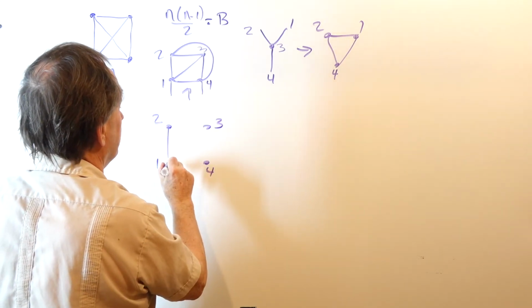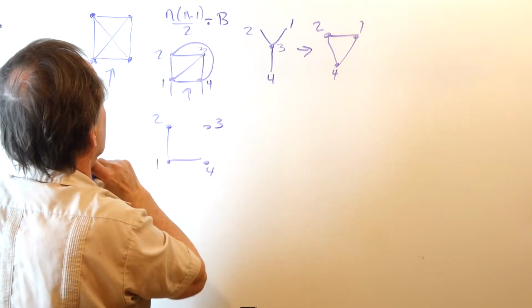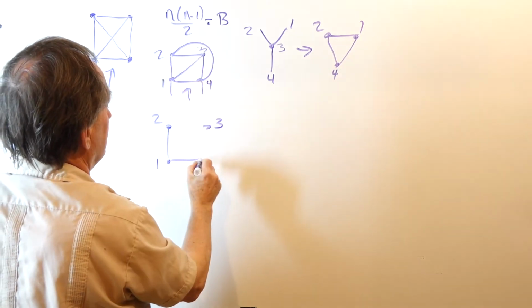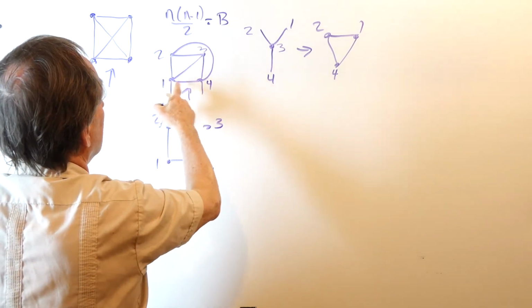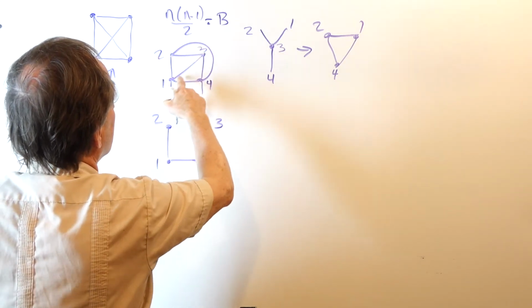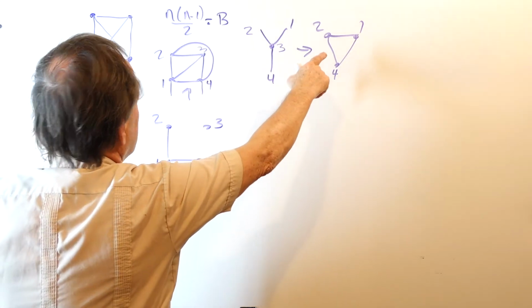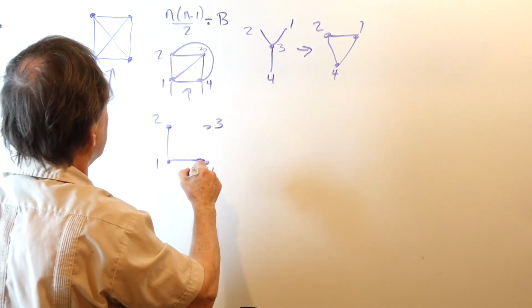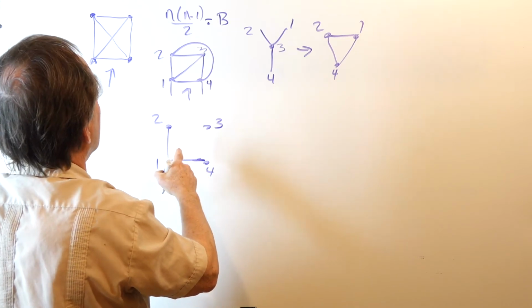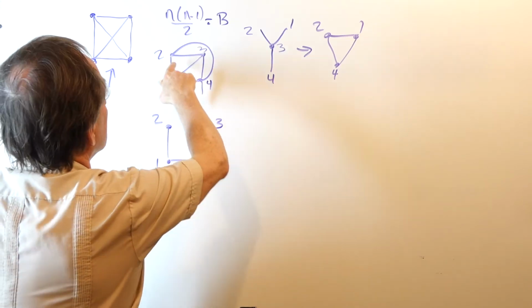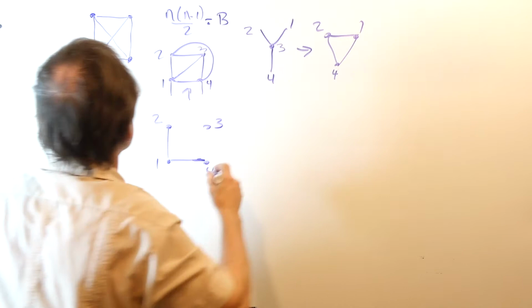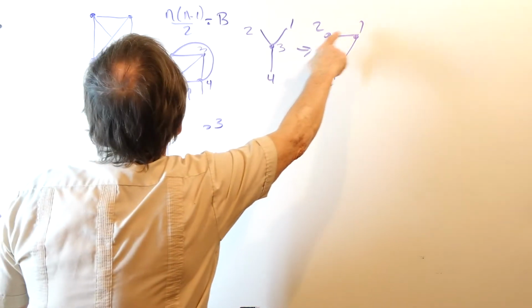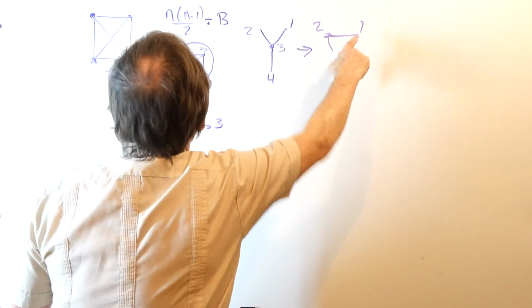We have this and this resistor here, 2 to 1, 1 to 4, and I'm going to replace these 3 with the delta. So going from 2 to 4, we have a resistance, and we have a resistance from 2 to 1 and from 1 to 4.